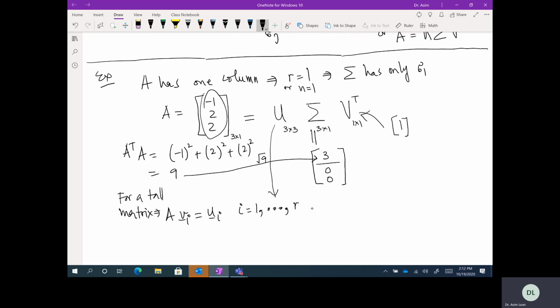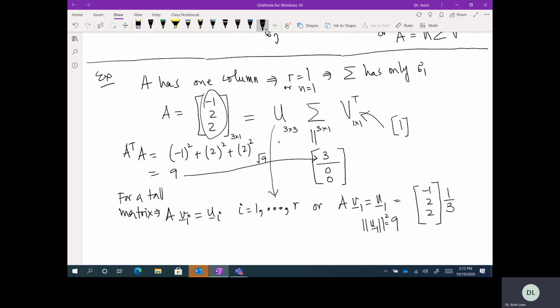U1 is simply A times V1, and since V1 is a scalar, we get back this matrix: minus 1, 2, 2. This is not normalized, so the norm of U1 is the square root of 4 plus 4 plus 1, which is the square root of 9. So the length is 3, and I say 1 over 3. Now this vector is normalized.